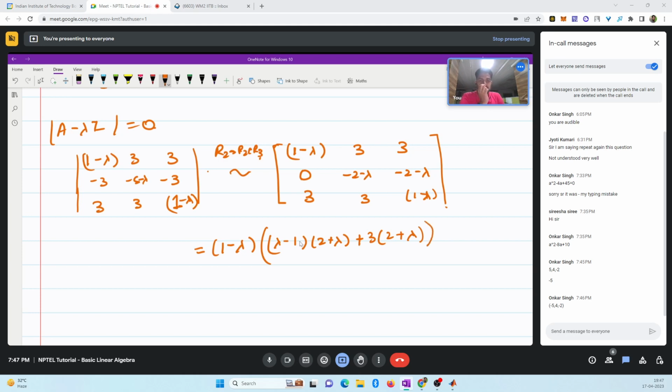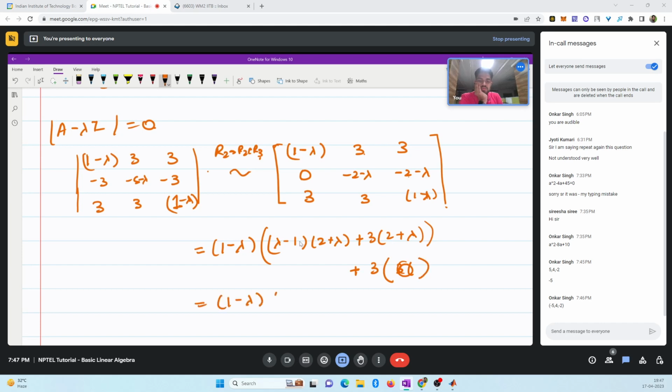And the last one is plus 3 times 2 of this, which would become 0 because this is 3 times minus 2 minus lambda, same thing.